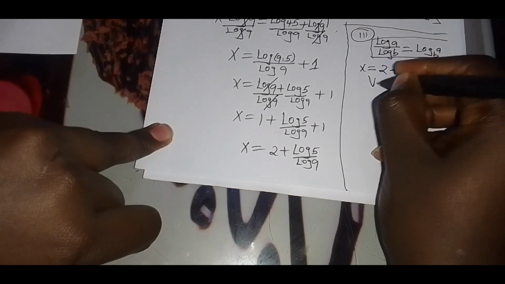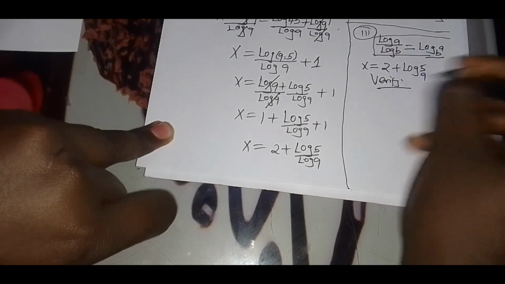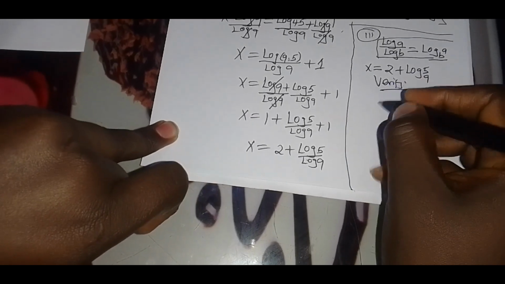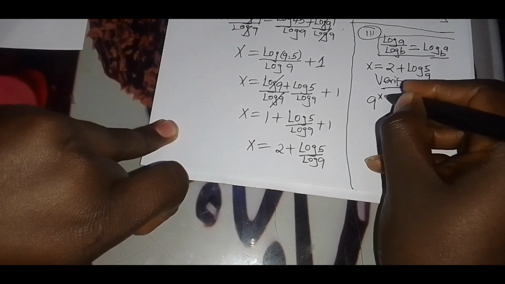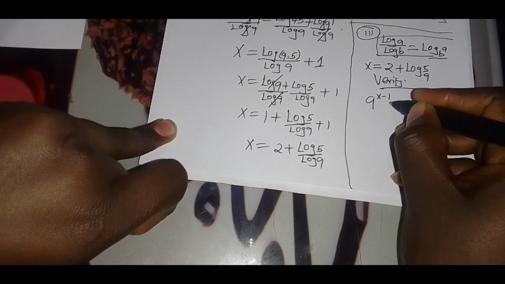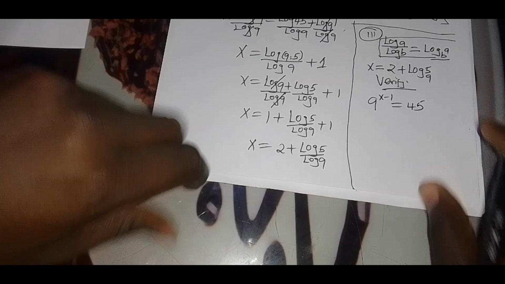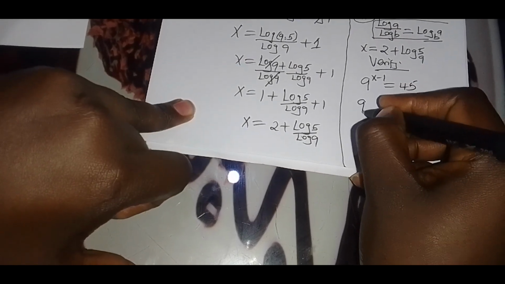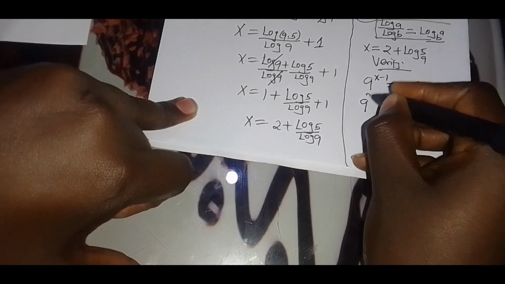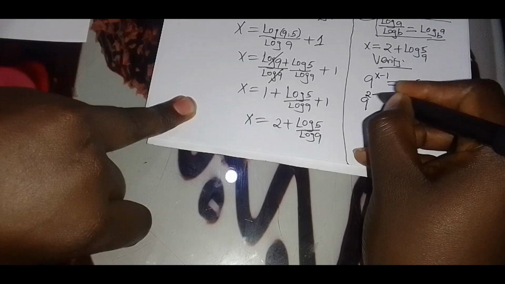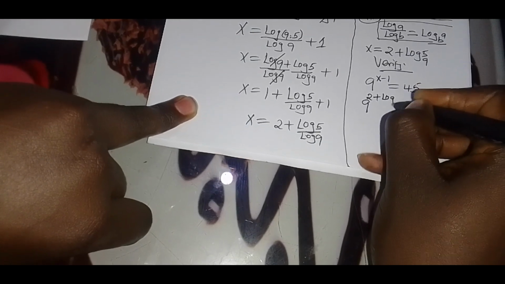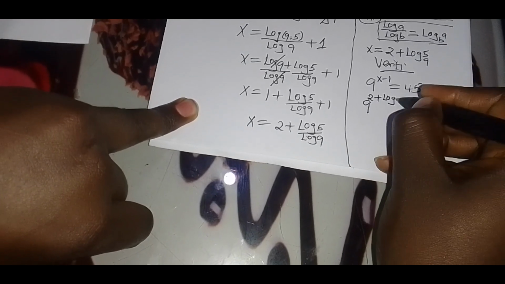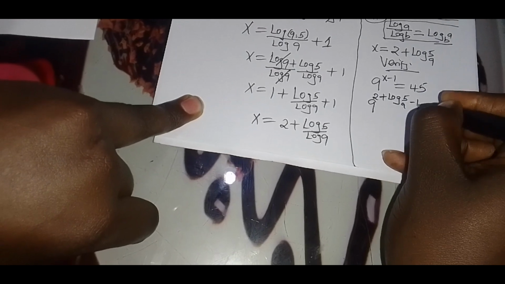Let's verify if this value of x is correct. Remember, we have 9 raised to power x minus 1. This should give us 45. Okay, so we substitute the value of x so that we'll have 9 raised to power 2 plus log 5 to base 9 minus 1.